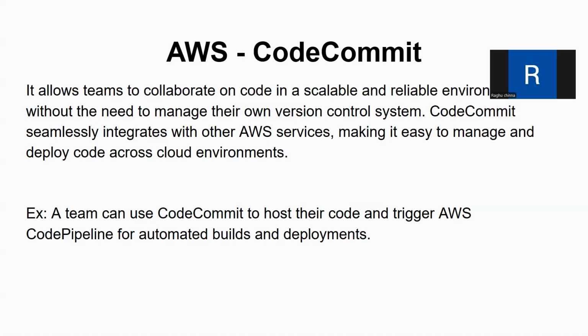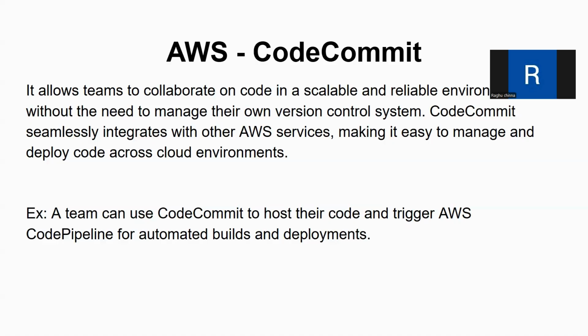Without the need to manage their own version control system, CodeCommit seamlessly integrates with other AWS services, making it easy to manage and deploy code across cloud environments. So this is just like Git, one of AWS's own version control systems.